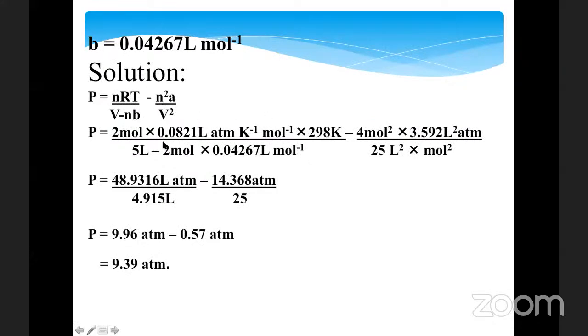So if we plug in the values into the equation, we have 2 moles times 0. Now, note that for the gas constant, we are using 0.0821 liter atmosphere per Kelvin per mole. Was it specified?